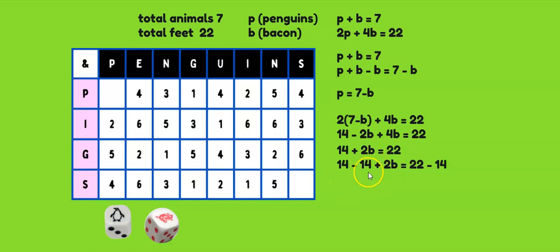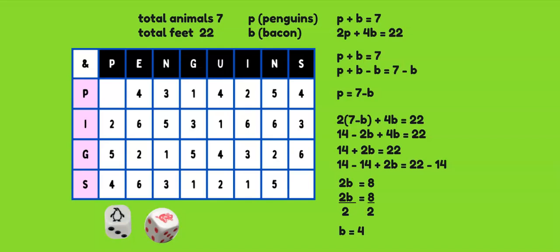And then I'm going to subtract that 14 from both sides. So I have 14 minus 14, which is going to be 0, plus 2B equals 22 minus 14. That is going to give me 2B equals 8. I'm going to divide both sides by 2, which gives me a final answer of B equals 4.